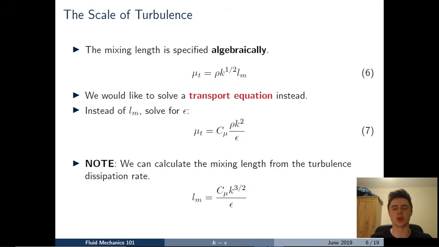Now, the key point to note here is that if we take equation 7 and equation 6 and combine them, what we see is that the mixing length, L sub m, is actually directly related to the dissipation rate epsilon. So when you're solving your transport equations in the k-epsilon model, the transport equation for k obviously represents the turbulent kinetic energy in the flow, or the energy and the strength of the mixing, but the equation for epsilon, even though it's termed the dissipation rate, is really another way of solving a transport equation for the mixing length, or the physical size of those eddies.